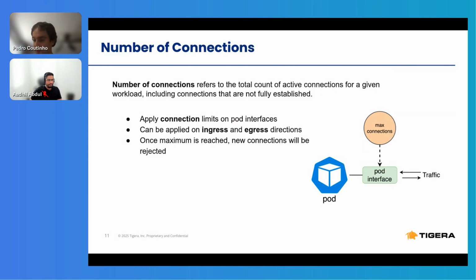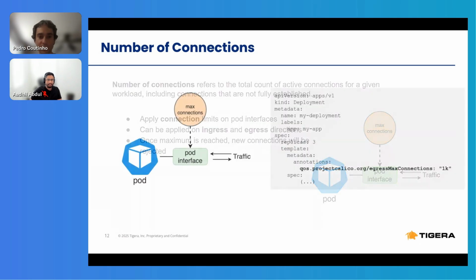So you can use this for a server to protect it against being overwhelmed by connection requests or by clients. Or you can also use this on egress on pods to limit the activity that a rogue pod can try to establish, like a bunch of connections.